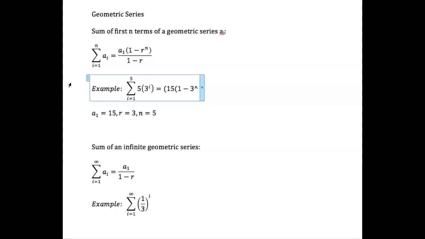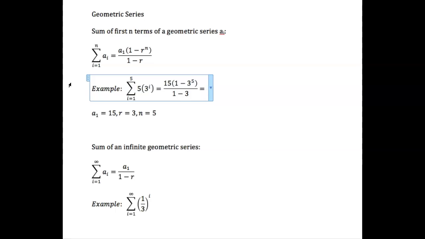Well, n is 5. Yes, that's going to be a negative number, but that's okay because now I need over 1 minus r. 1 minus 3, that's also negative. So I'm going to divide a negative number by another negative number. It's positive, everything's good. Nothing left to do but evaluate.